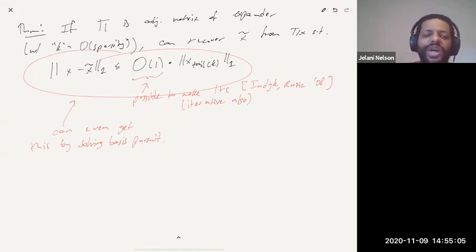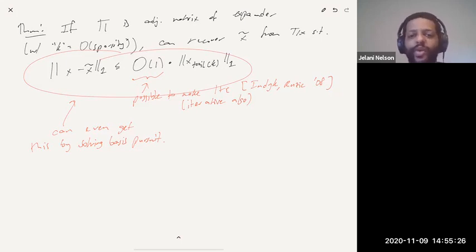It's going to be what's called RIP1. RIP1 means I preserve the L1 norm of any k-sparse vector, as opposed to the L2 norm. So you can show that the adjacency matrix of an expander with the right parameters satisfies RIP1.